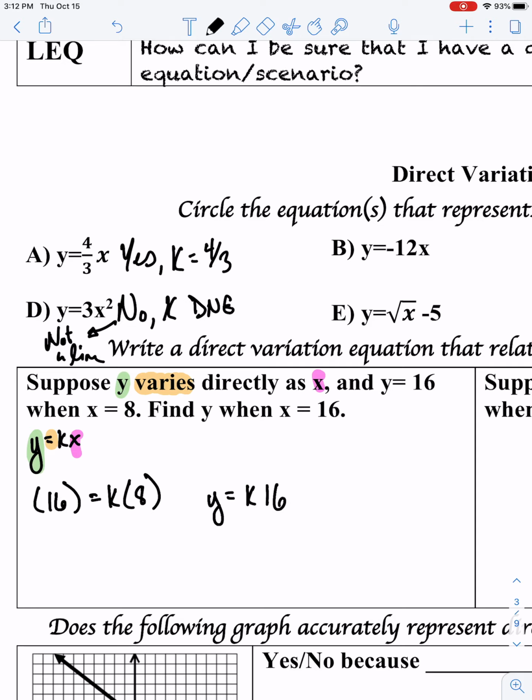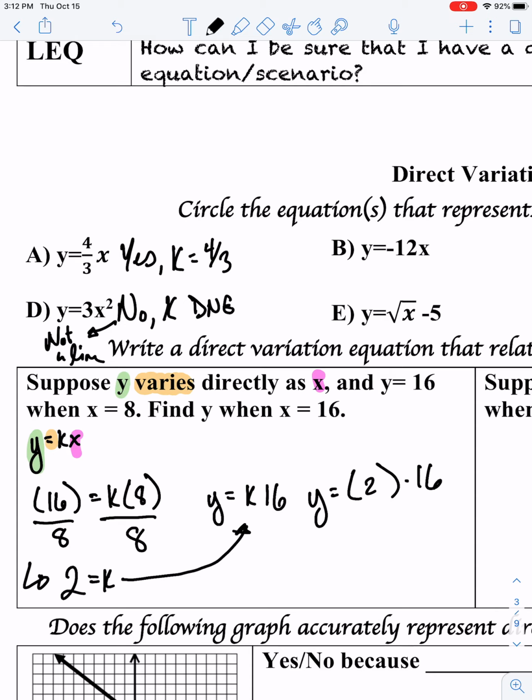Now again, I can get K by itself here by dividing both sides by 8. When I do, I get 2 is equal to K. Now I'm going to take that, come over here and plug it in. So y is equal to 2 times 16. So y is equal to 32 when x is 16.